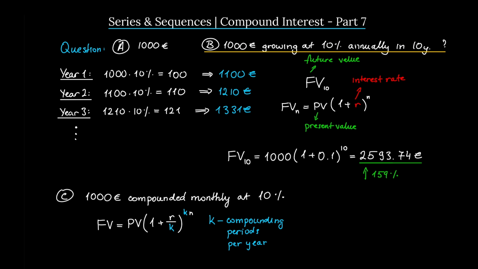If it's compounded semi-annually, your k is going to be equal to 2. If it is compounded quarterly, that means every 3 months, your k is going to be equal to 4. And lastly, if it's compounded monthly, that means k is going to be equal to 12.